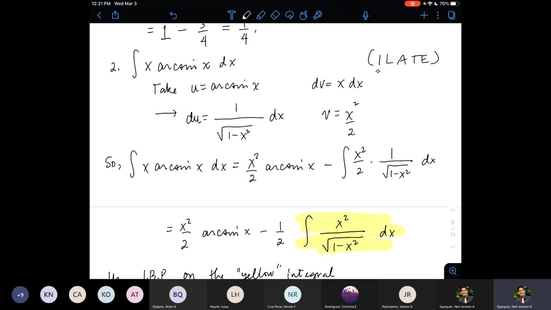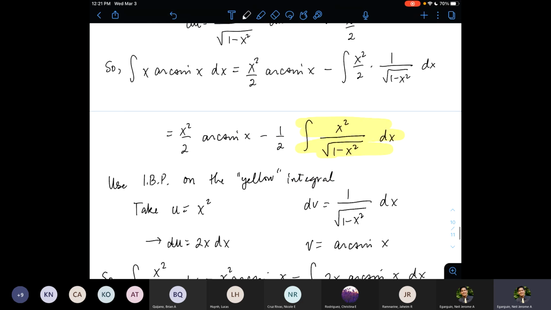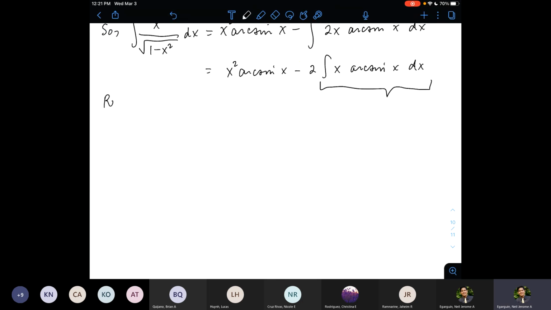So this is a usual variation of the IBP, wherein in one of the iterations of the integration by parts, you come across the original integral again, right? So remember, let's retrace our steps now. We're calculating the integral of x arcsine of x dx.